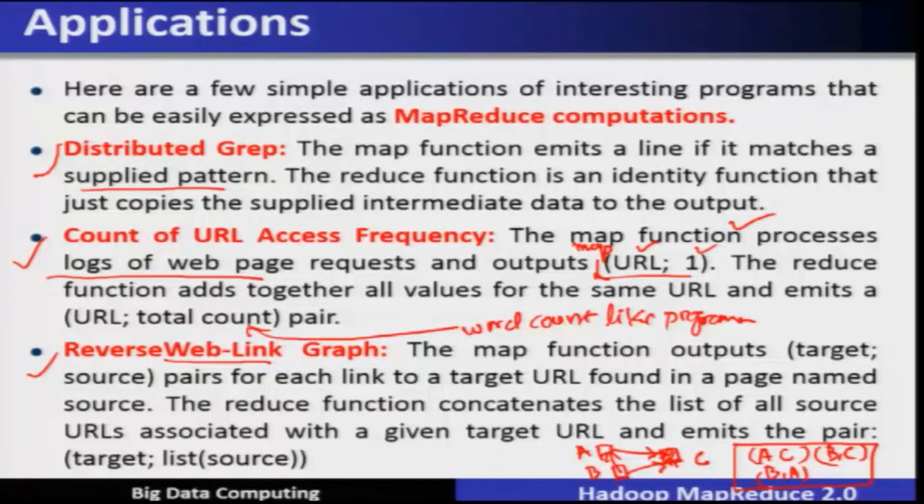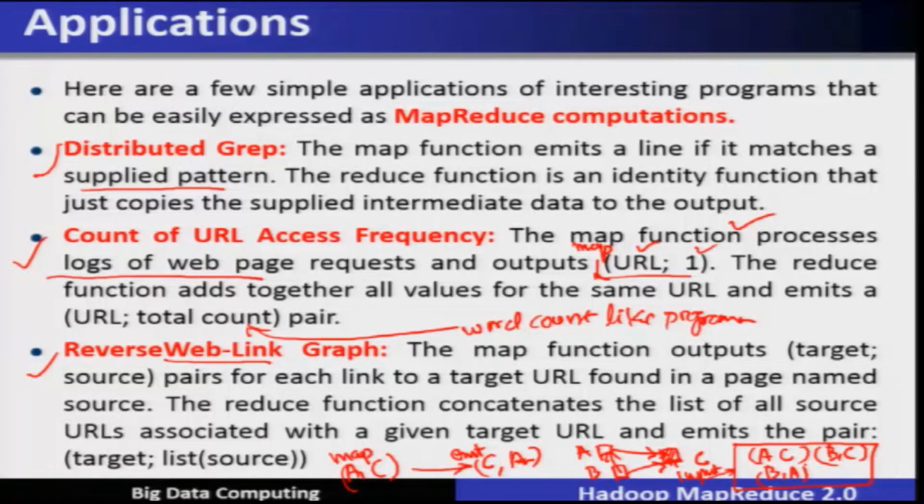Given this as input to the map function, it will output the target and source pair. For example, given AC, the target is C and the source is A, so it will emit C and A, for each link.